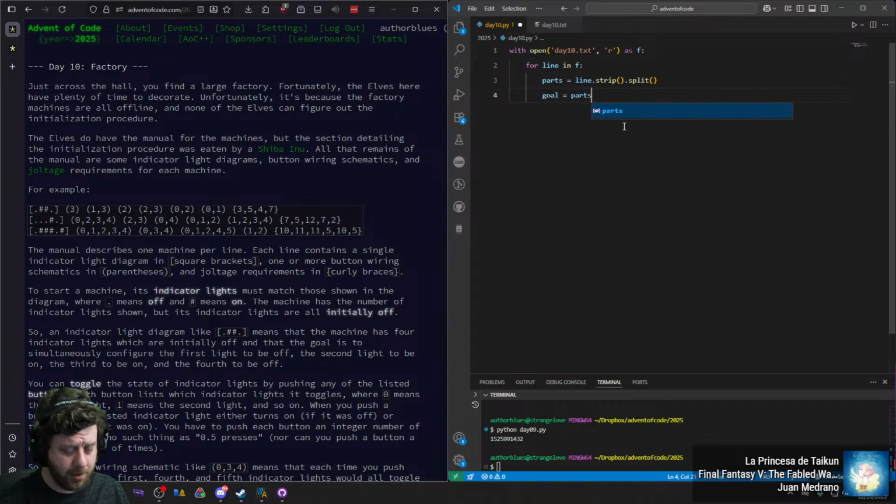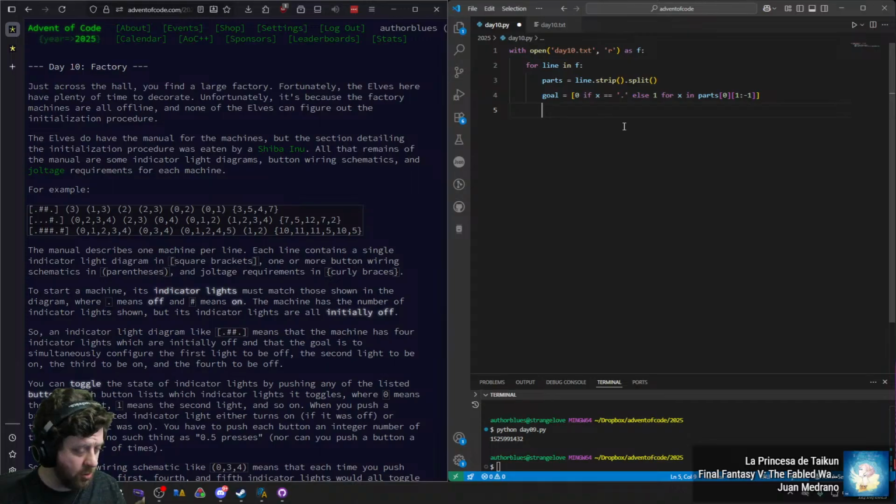So the goal is parts 0 up to -1. Zero if x is equal to period else 1 for x in parts.